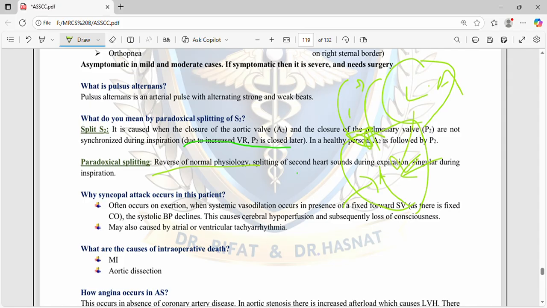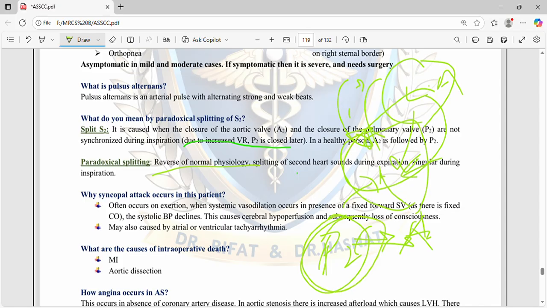So if it is taking more time, during expiration the aortic sound A2 and P2 will be far apart, because P2 can sometimes occur earlier than A2.